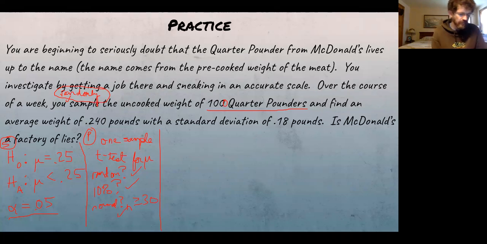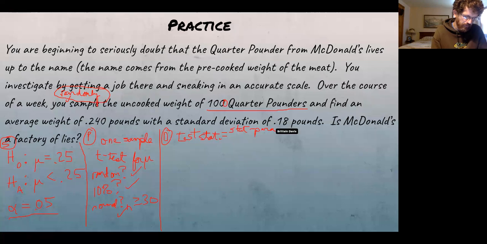Okay. Now we want to actually do some calculations, and we will start with our generic test statistic. It's going to equal the stat minus the parameter, divided by the standard error.